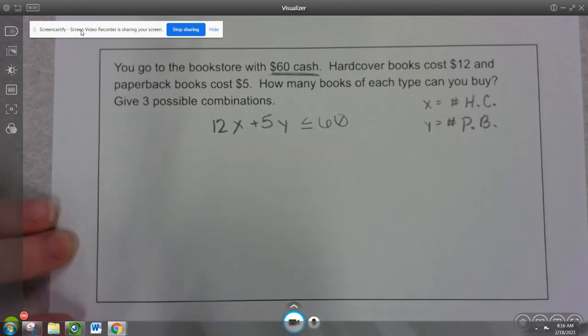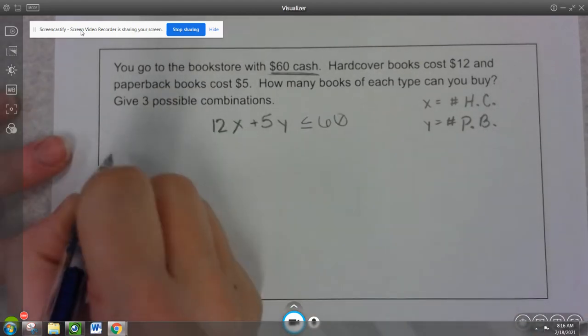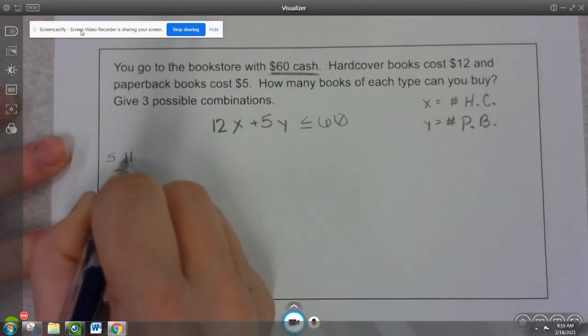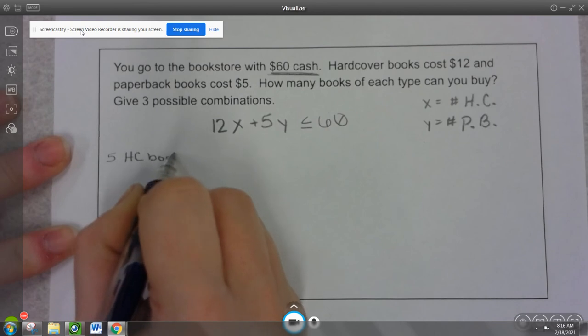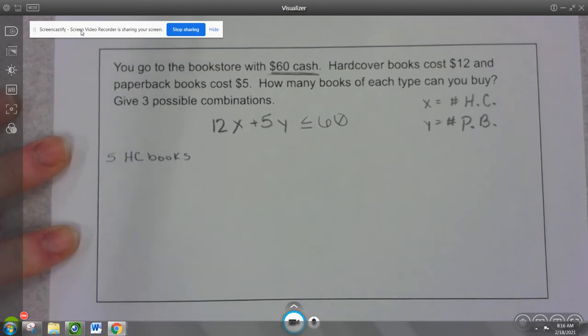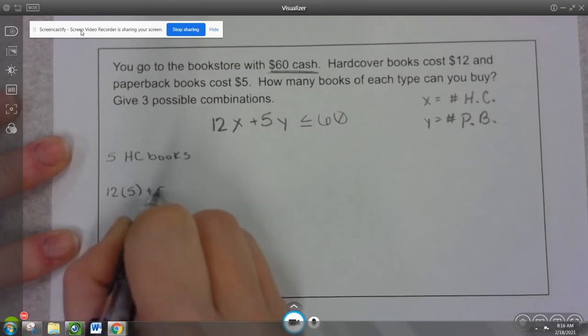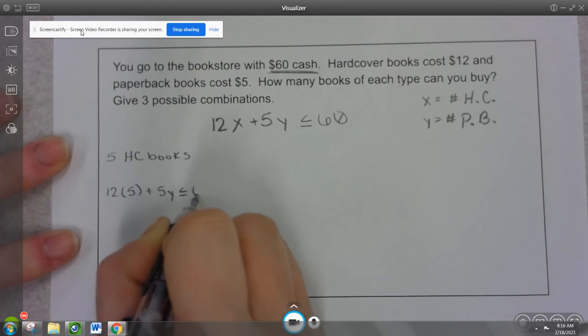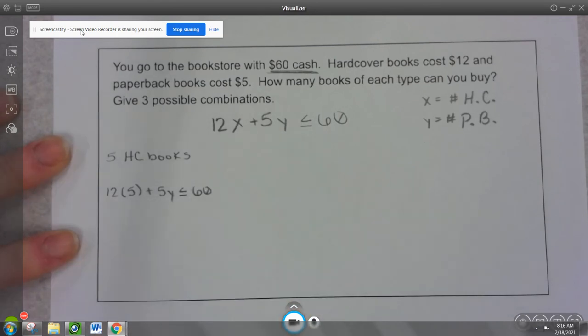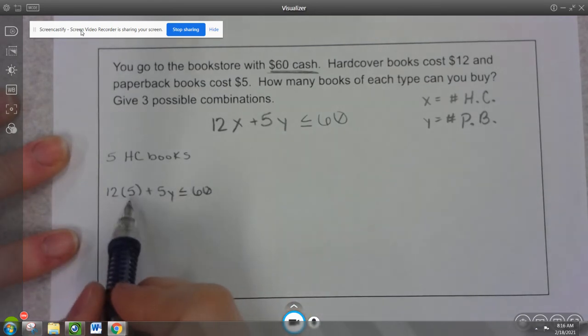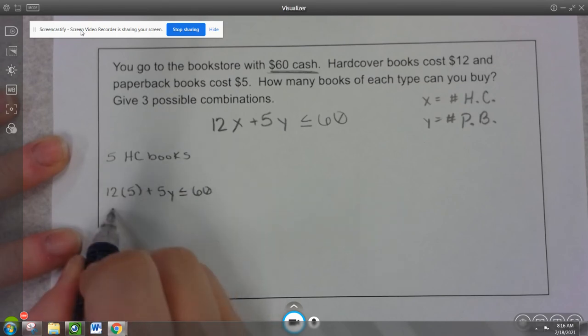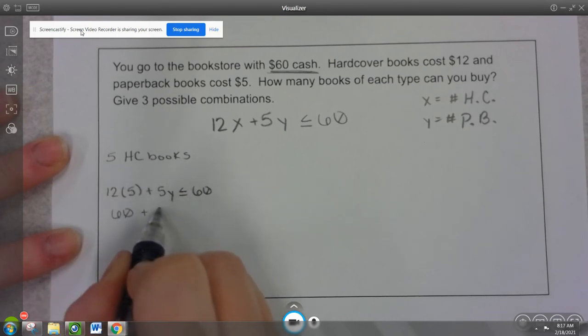So let's say they want 3 combinations again. Let's say I buy 5 hardcover books. Well, 12 times 5 plus 5y being less than or equal to 60. Well, if I buy 5 hardcover books, that is $60 right there.